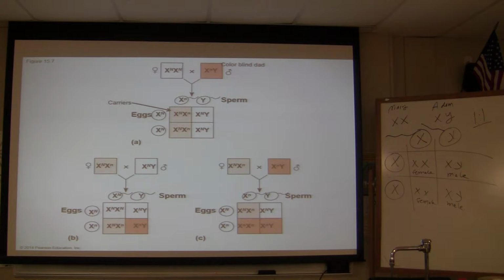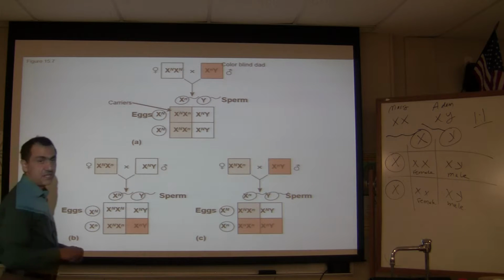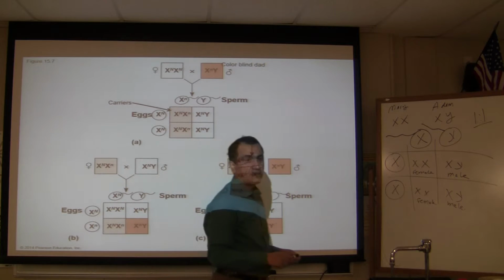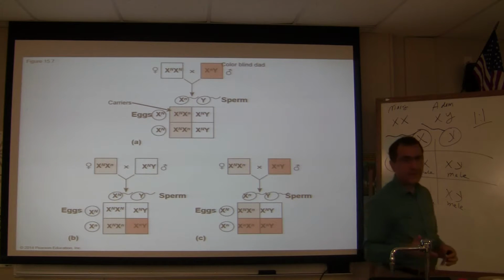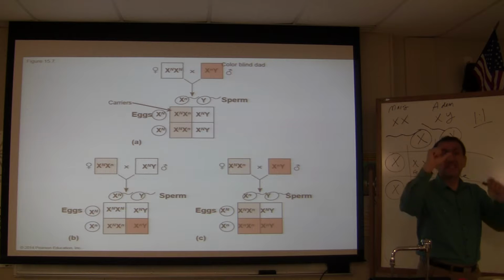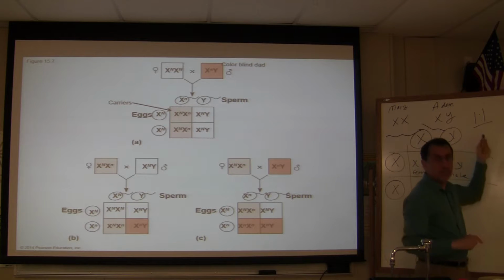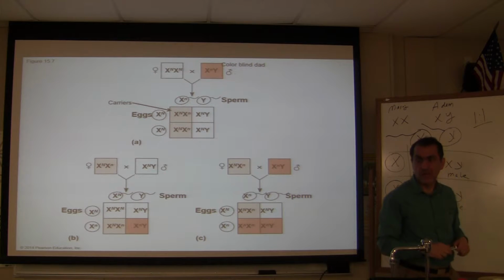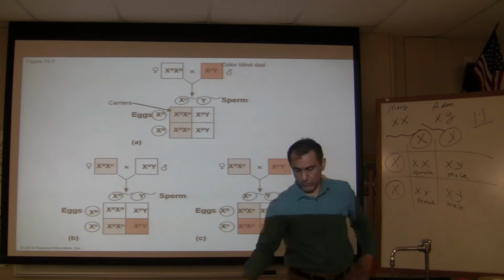There are more males on planet Earth than females, a little bit more, based on your textbook. I don't believe it, because it seems to me like there are more females than males, but that's not true. The ratio is still 1 to 1.